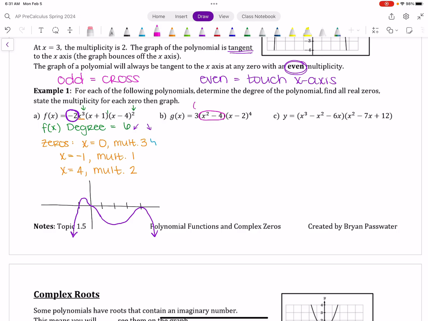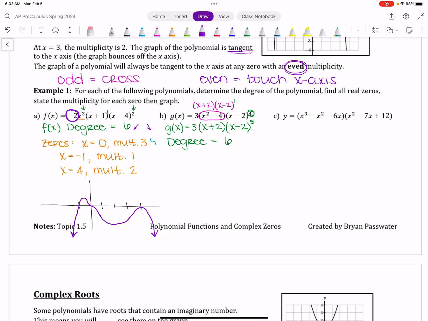So we can factor that into x plus 2 and x minus 2, which means g of x will become 3 times x plus 2 times x minus 2 to the 5th power, because we have 4 here and 1 more up here. And that tells us that the degree of g of x is 6.